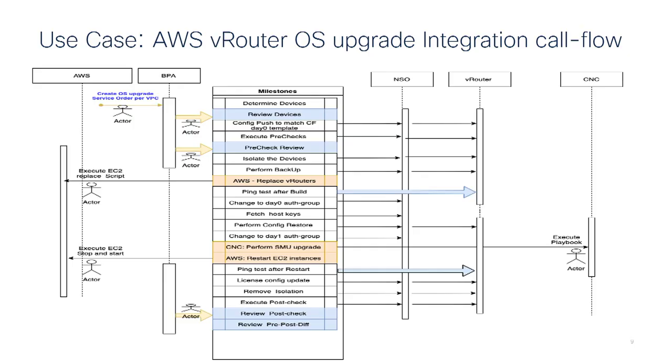All right, so let me move to the next use case, which is the vRDS OS upgrade call flow. This specifically covers the current process that we are using for OS upgrade. Because these are virtual routers, the way the OS upgrade process works is we kill the existing EC2 instance, and then we create a new instance with the same flavors and the same configurations, using the CloudFormation template and a new AMI image.